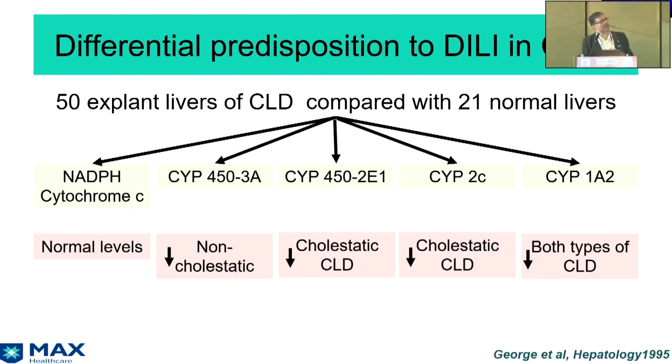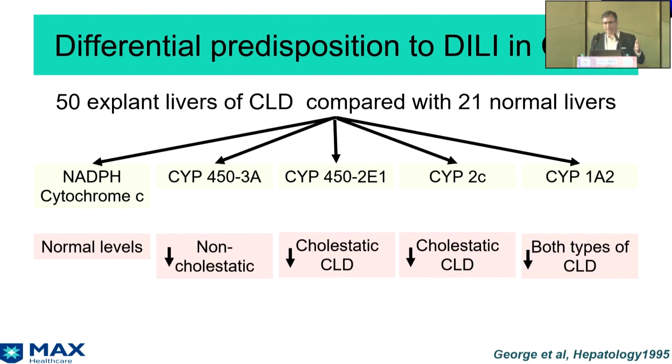For example, this study took 50 explant livers from CLD compared to 21 normal livers, and look at the differential expression of the enzymes which get affected. For example, NADPH levels remain normal. Some of the other CYP450 enzymes will only be reduced in cholestatic liver diseases, others only in hepatocellular diseases. So whether the patient will develop DILI depends on the type of toxin and type of liver disease.